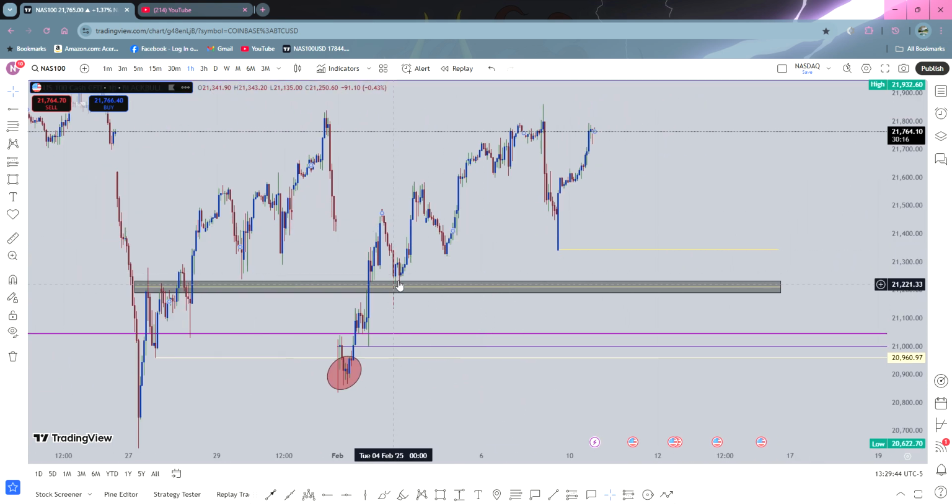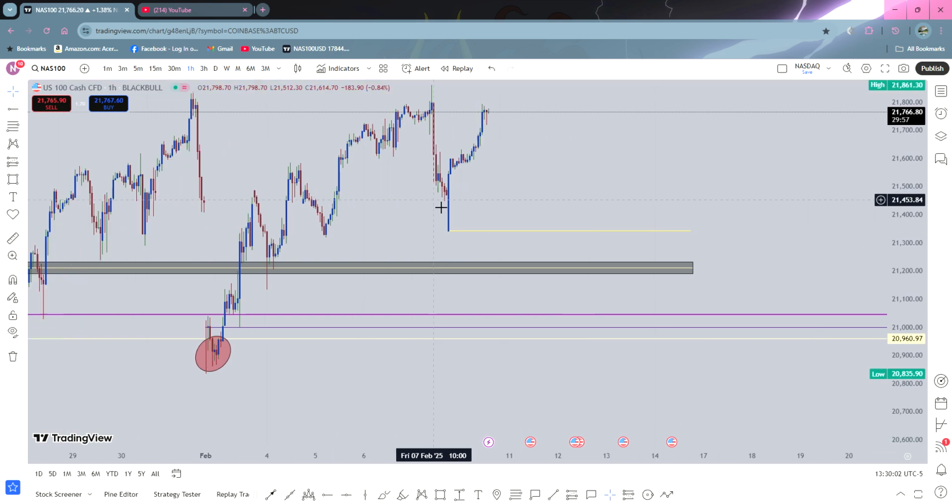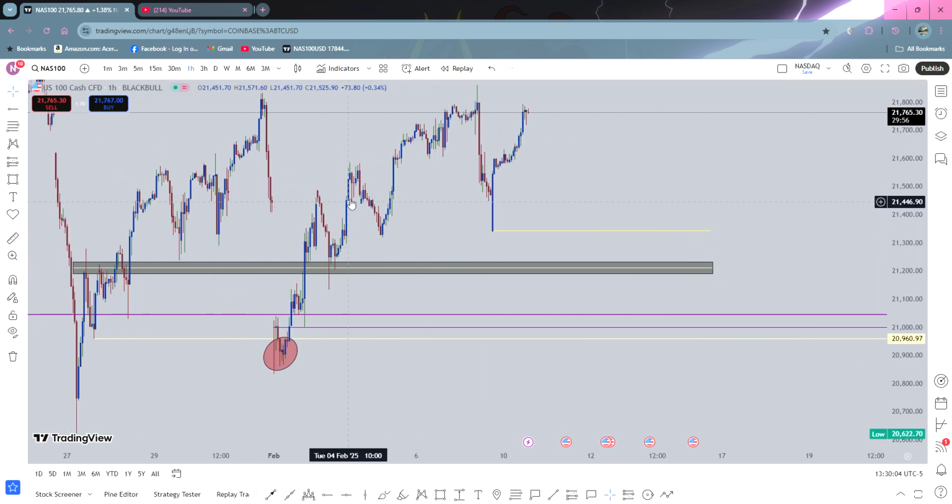So if you entered here, your stops will just be below this low, or you can mark it by this candle's low or this candle's wick. Whatever you choose, depending on your risk parameters of your account. Alright. Then we actually broke out again with the sell side imbalance, buy side inefficiency.